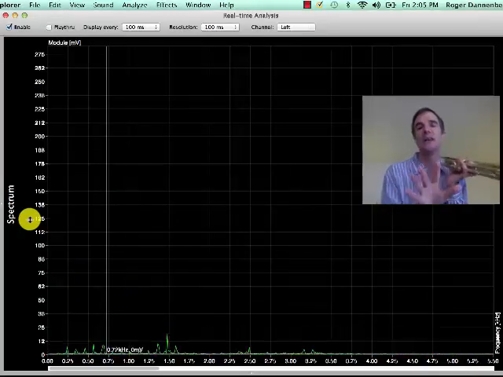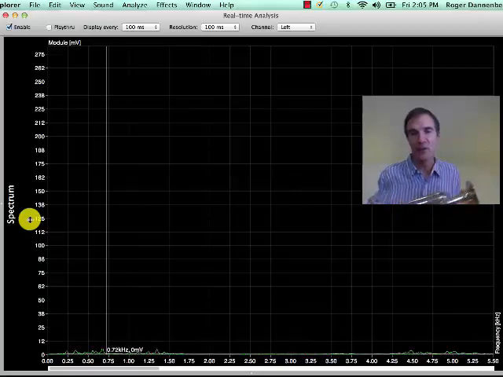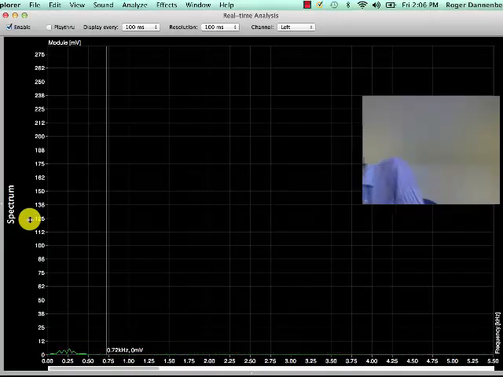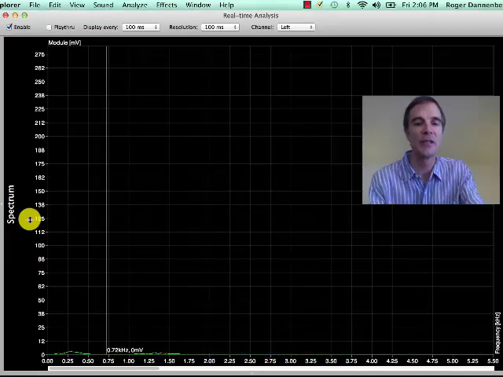So hopefully you saw the whole image sort of shift to the right and back to the left as I went up and down the scale. Another indication that we're actually measuring frequency.